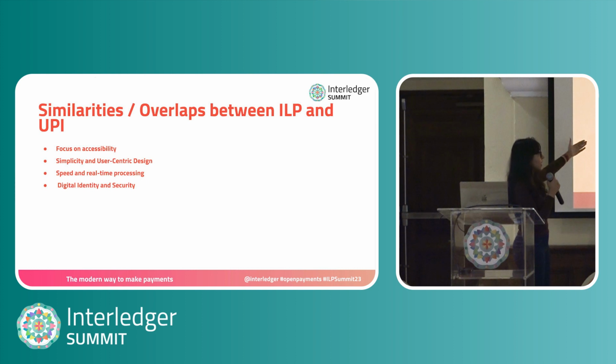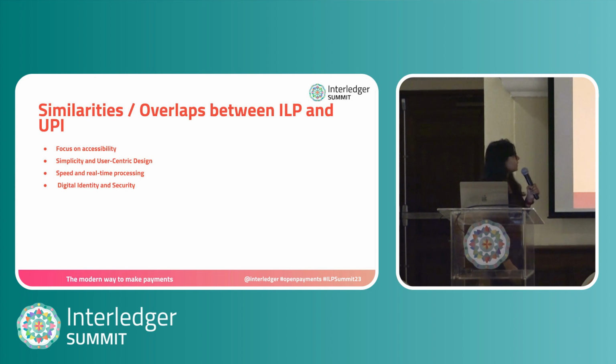And then simplicity and user-centric design is also something that both of these are focusing on. And the speed and the real-time processing, which is strong consistency, is also one of the factors that overlaps here. And last is digital identity and security. Security continues to be a huge pillar that both of these are focused on and is the most important thing for both of these.